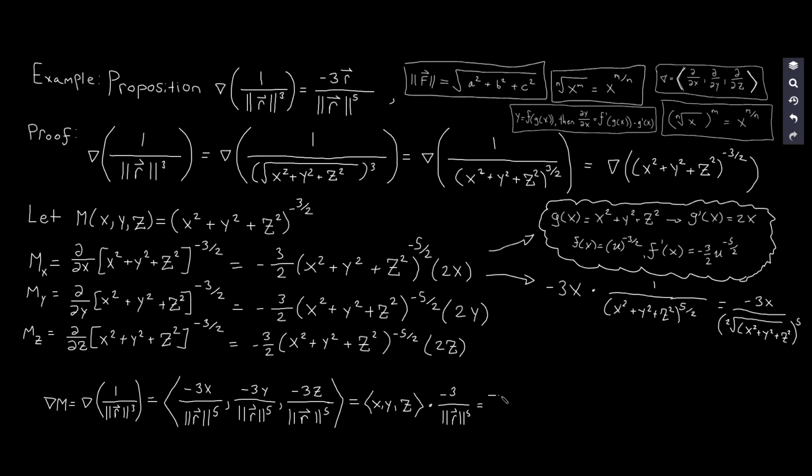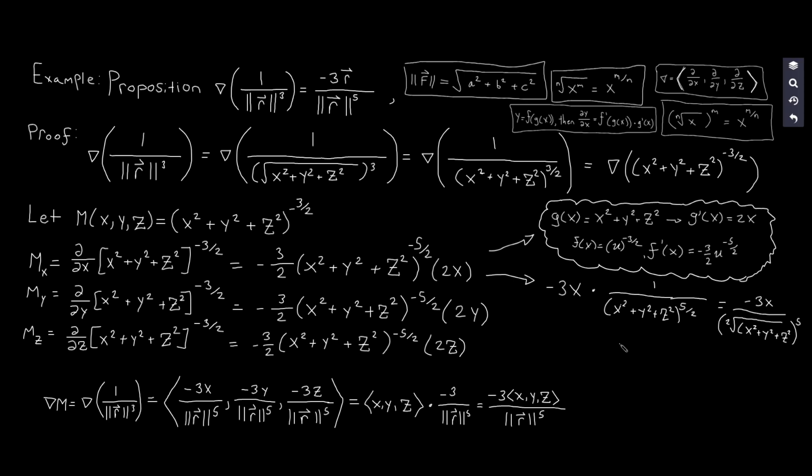And that is the same thing as negative 3 times vector x, y, and z over the magnitude of vector r raised to the fifth.